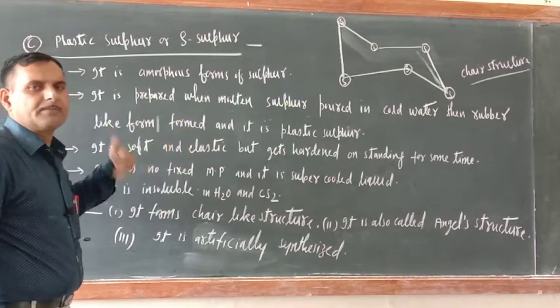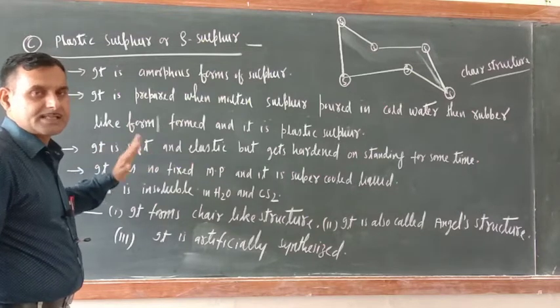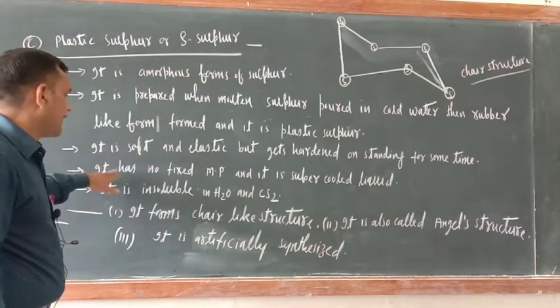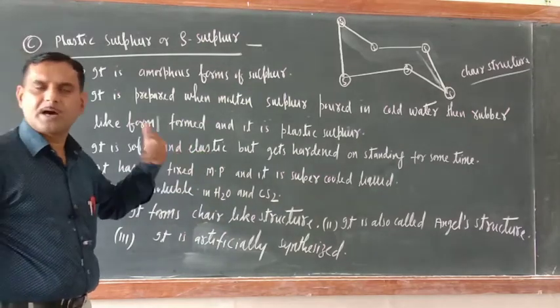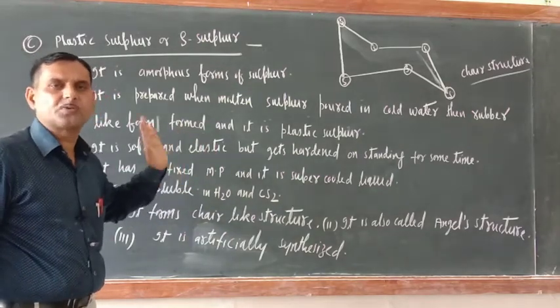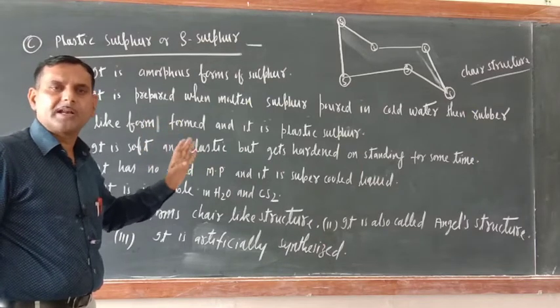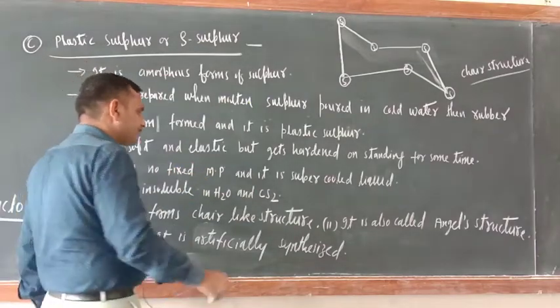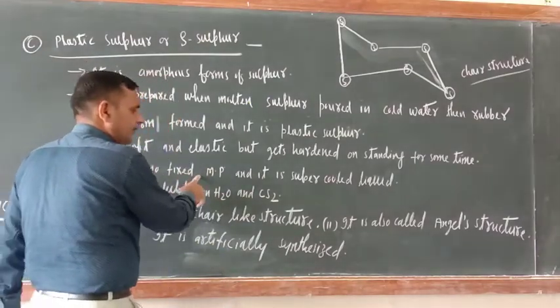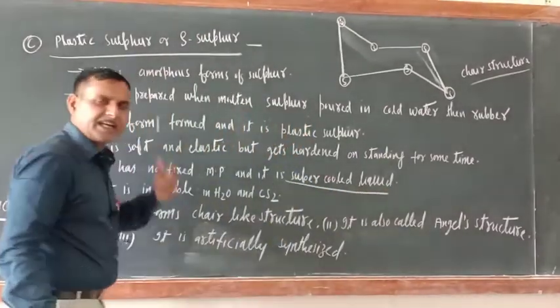So if you leave it for some period of time, it will be hardened, but the original structure is soft and elastic. It has no fixed melting point. You know the amorphous form of a substance is not a true solid, and a true solid only has a fixed melting and boiling point. Since it is not a true solid, that is why its melting point is not fixed, and it is a super cooled liquid, just like glass.